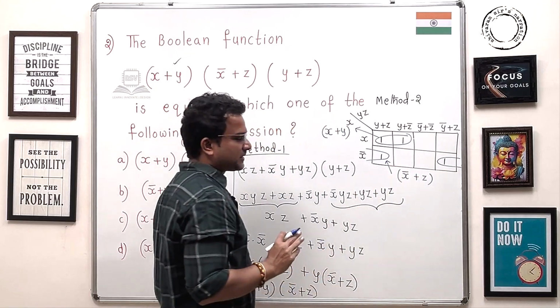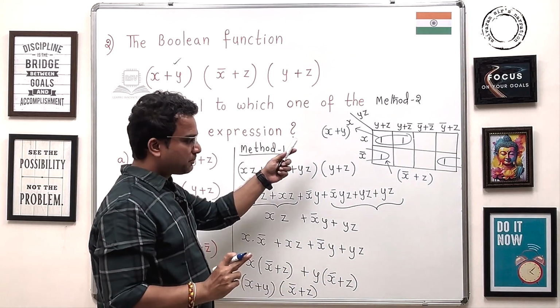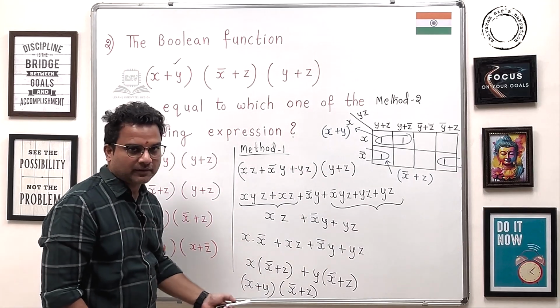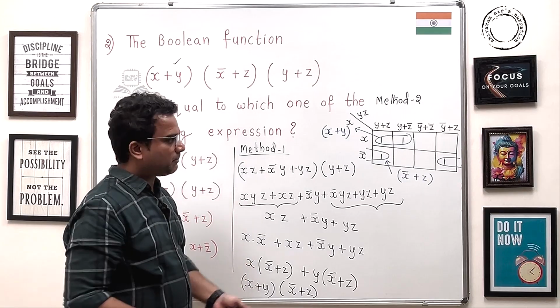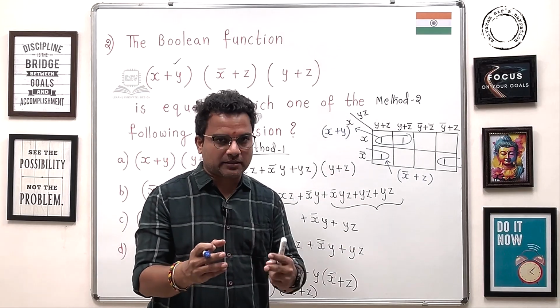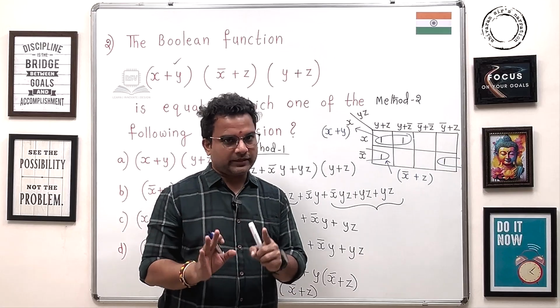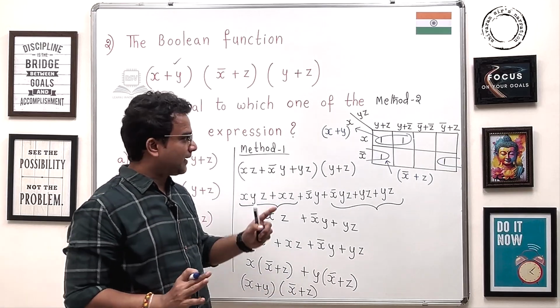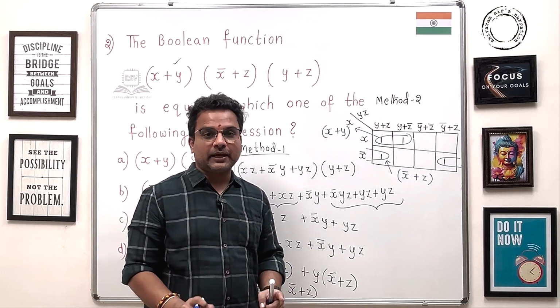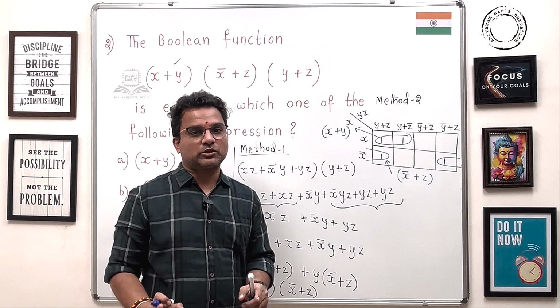Now guys, the simplified expression is x plus y into x bar plus z. We got this. When compared with method 1, method 2 is very clear and easily accessible, isn't it? Yes. However, guys, apart from method 1 and method 2, there is a method 3 also.